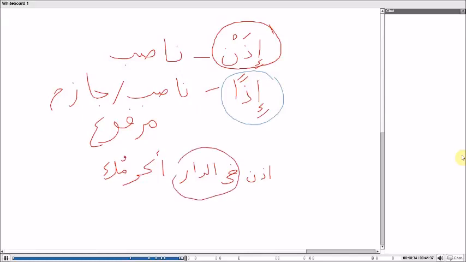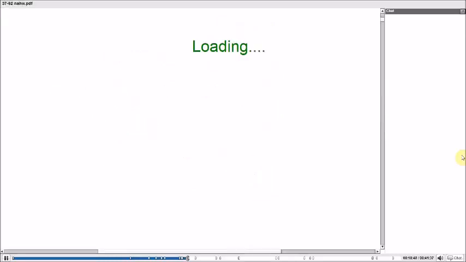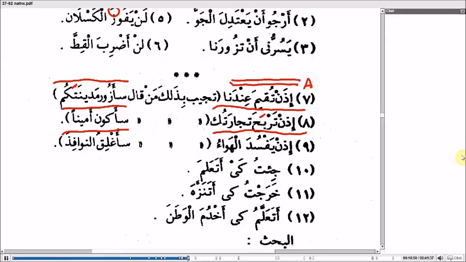This prepositional phrase here, jar wa majroor, fiddar, is going to prevent the idhin from doing its job. You understand? Okay. Whereas if I said, idhin wallahi tuqima indana, the wallahi is not going to stop it. You understand? If I say wallahi, it wouldn't stop it.